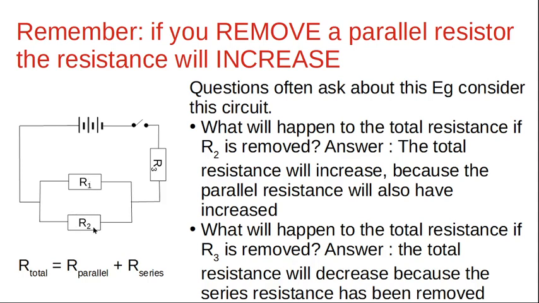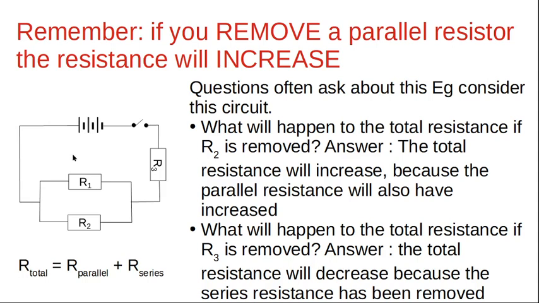So this parallel resistance here has got one value, but if I take one of these resistors out, then I only have a series circuit. So can you imagine that R2 is gone. If an electron comes out here, it goes through R3, and it can only go through R1, and that effectively makes R3 and R1 a series circuit.